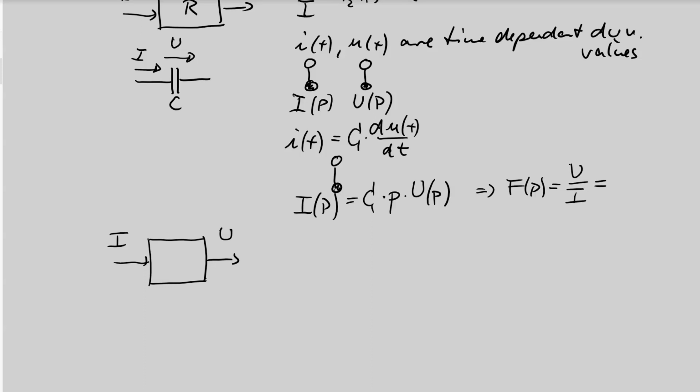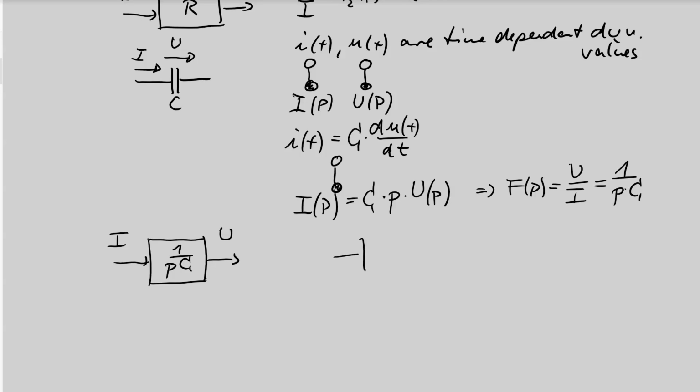If we replace this, output U divided by I is 1 over p times C. So the transfer function of the capacitor is 1 over pC, the complex impedance of a capacitor.